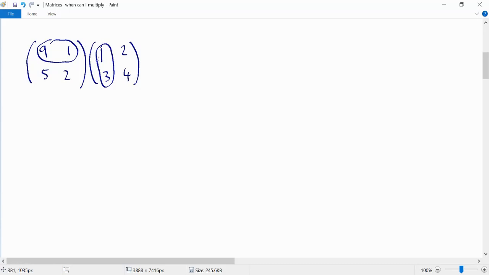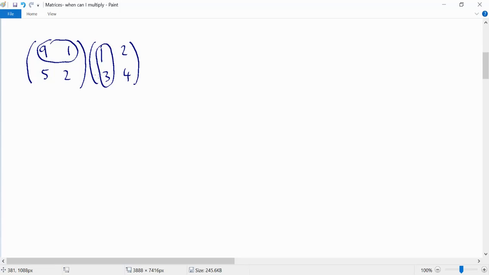The only way that works is if the length of the rows in the first matrix is the same as the length of the columns in the second matrix, so they match up and each number has another number to multiply by.